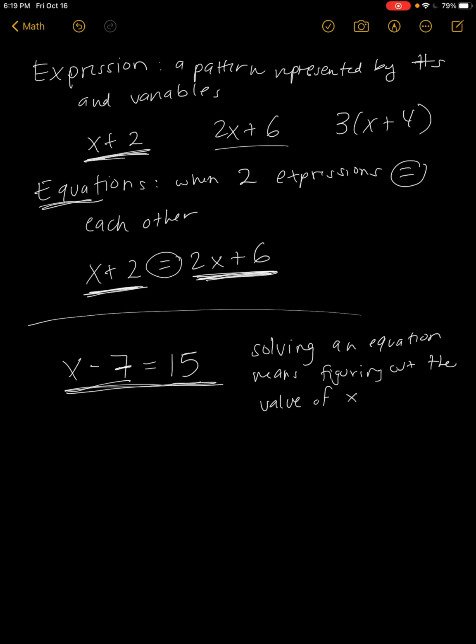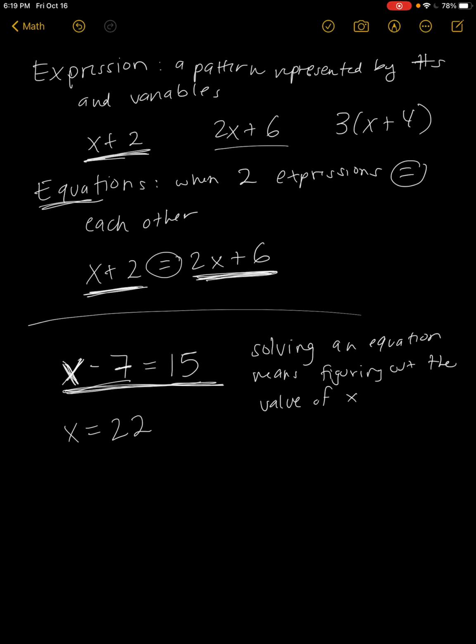So it's a number, we can figure out what that number is. Right, so this one I did because it's hopefully a little bit simpler. You can maybe do it in your head. And you just have to think, what number minus 7 will give me 15? Okay, so if you can do it in your head, it's fine. If not, just know it's going to be 22.